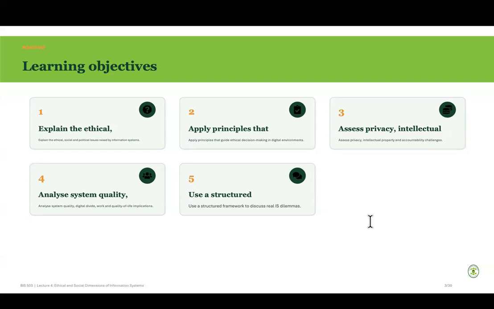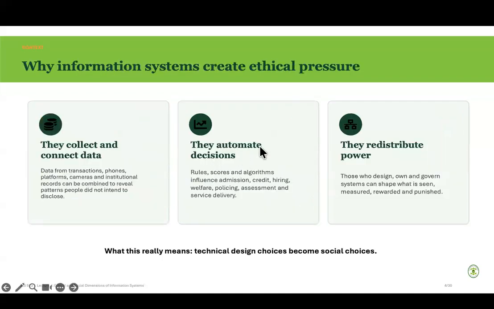For example, a university may be able to monitor every student's action on a learning platform. The question is not whether it can do so. The question is whether it should, under what conditions and with what safeguards. So our discussions are going to center around these critical issues.